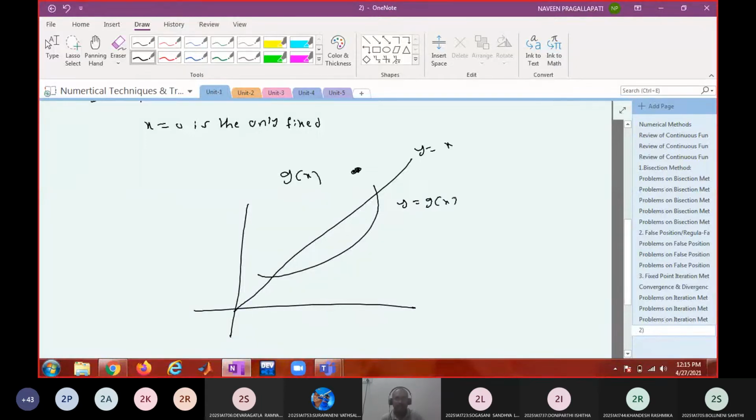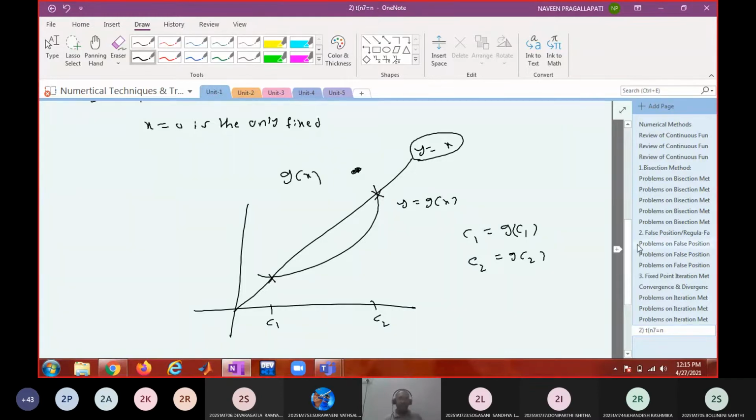Wherever they are intersecting, they are the fixed points, because let us say this is C1, this is C2. C1 equal to g of C1, that means C1 is a fixed point, and it is intersecting at C2 also. That means C2 is on this line also, so C2 equal to g of C2. That means C2 is also a fixed point. So if these two are intersecting, then they are the fixed points of the function.